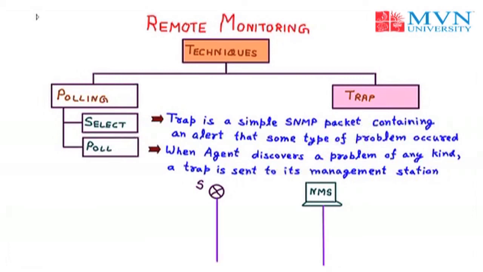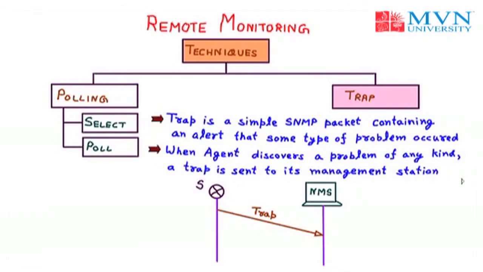So we can say that the agent can also contribute to the management process, right? Whenever the switch finds any error or event that has occurred with a nearby switch, it will send a trap message to the NMS. So NMS comes to know that there is some error or event at the switch.